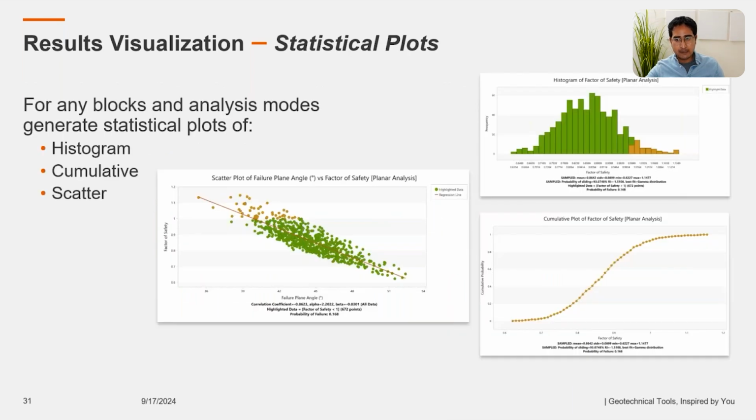In addition to the various views that we've spoken about, for any blocks and analysis modes, you are able to generate a statistical plot, especially if you perform the probabilistic analysis. In doing so, you have access to histograms, cumulative, or scatter plots.